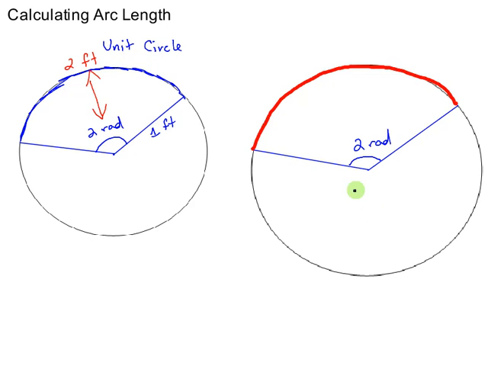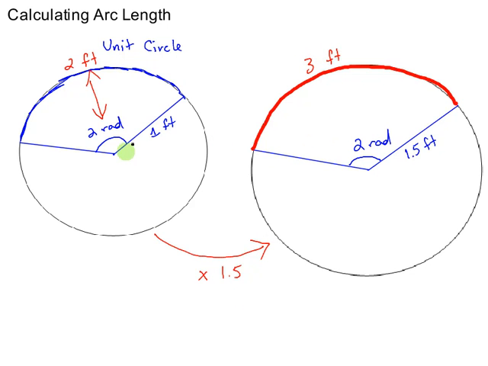So here, this radius is clearly bigger than 1 foot. Notice the angle is still the same. These circles are similar, right? One is just stretched bigger than the other. If I tell you that this radius is 1.5 feet, all I've done is I've multiplied my circle of radius 1 times 1.5. So that means my arc length is also going to multiply by 1.5 to give me 3 feet.